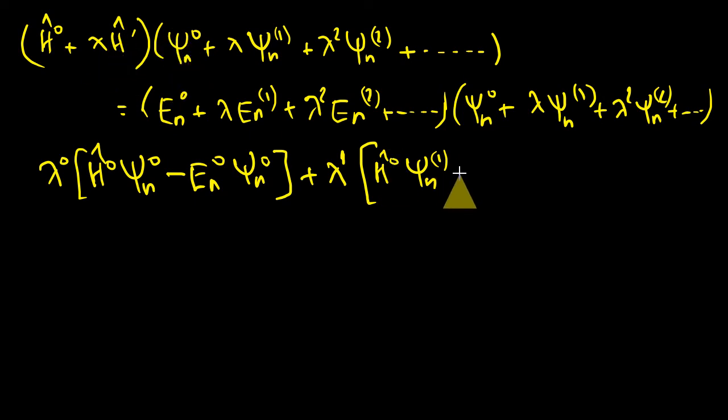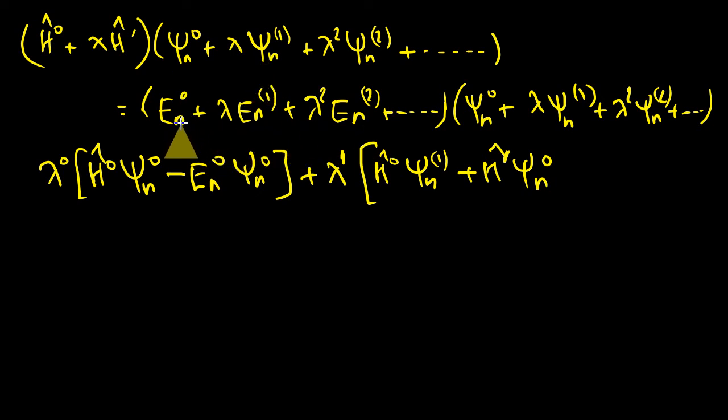So that is plus h cap dash psi n 0, and there are no other terms on the left hand side. The other terms are coming from the right hand side.